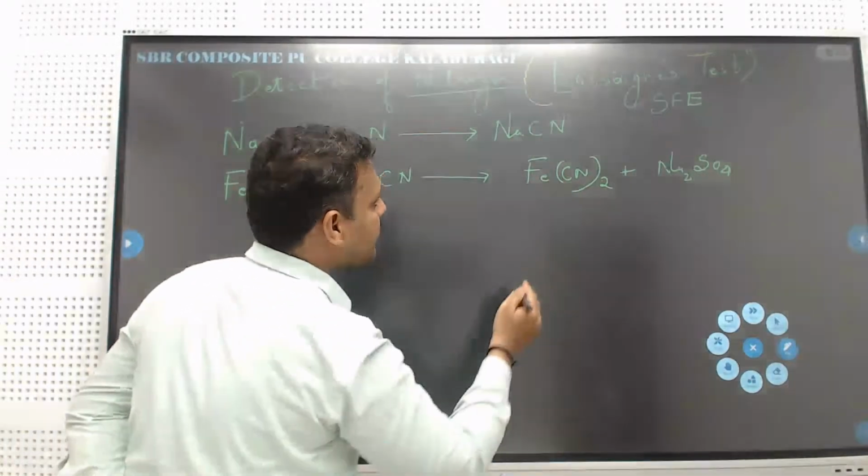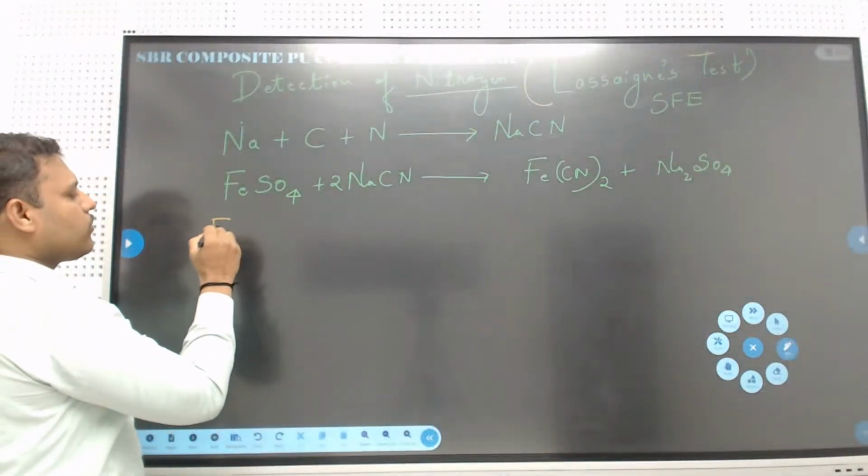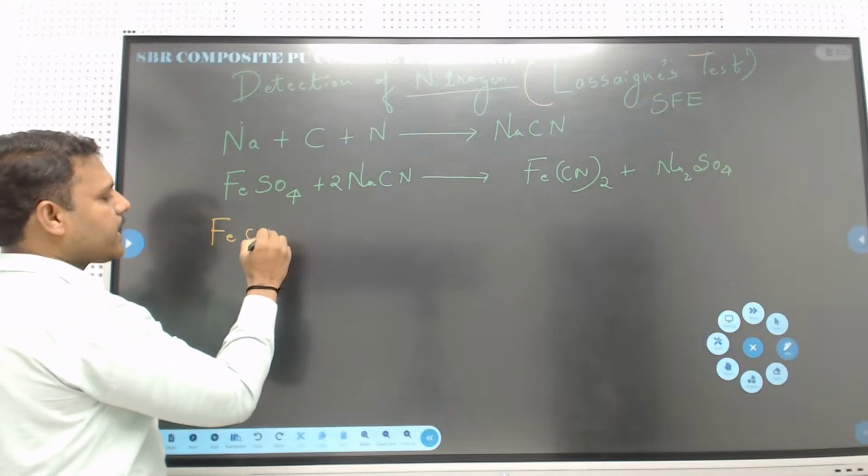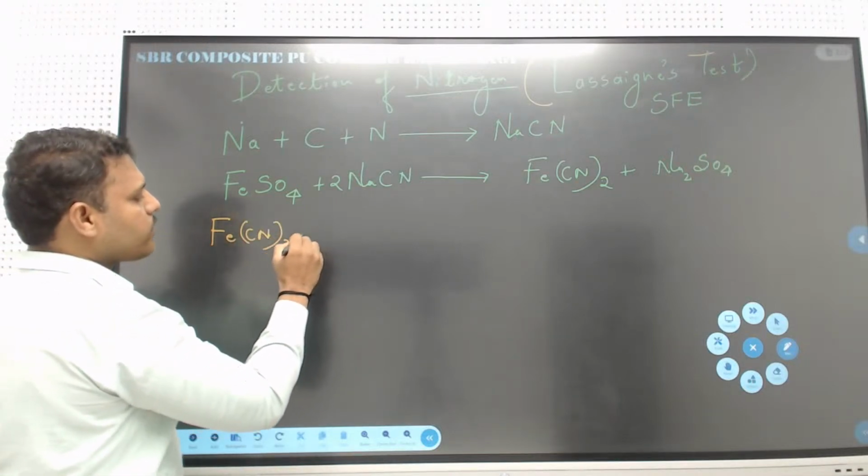Now the ferrous cyanide formed is going to react further with excess of sodium cyanide.